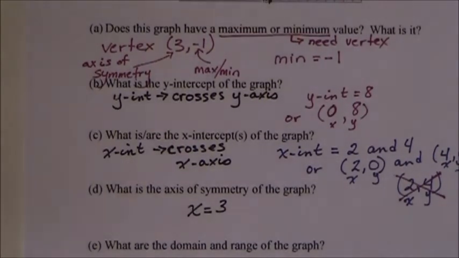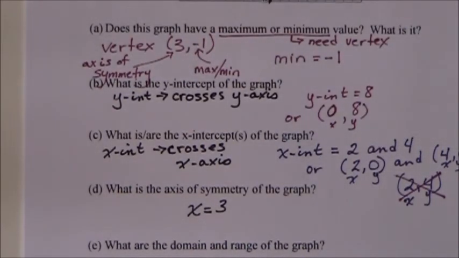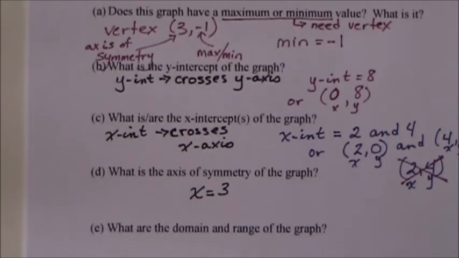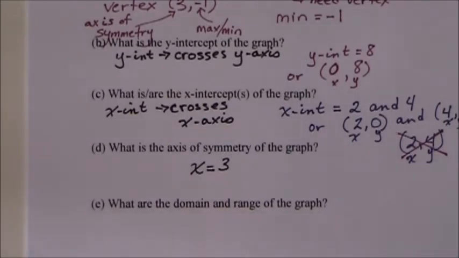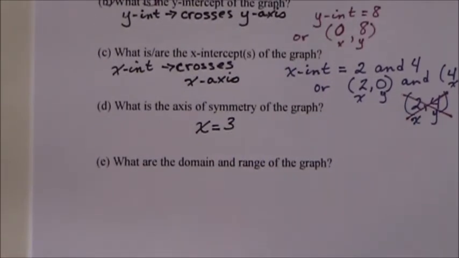Now, the last question we have is, what is the domain and range of the graph? Before we can go and look at what the domain and the range are for the graph, we need to know what domain and range are.